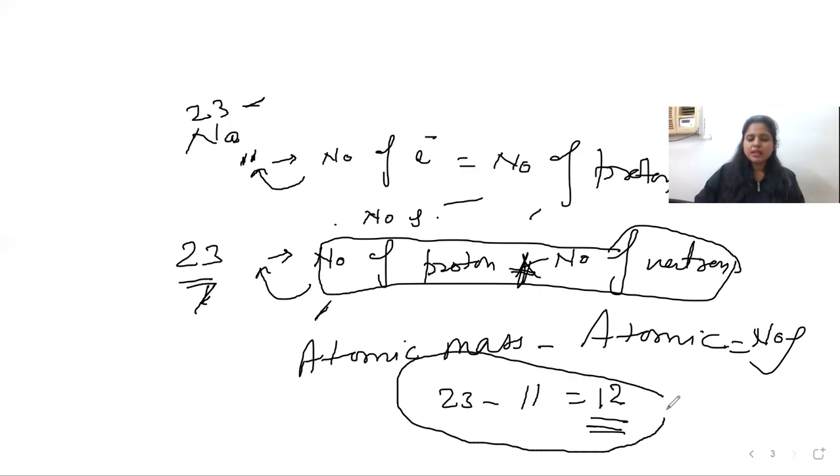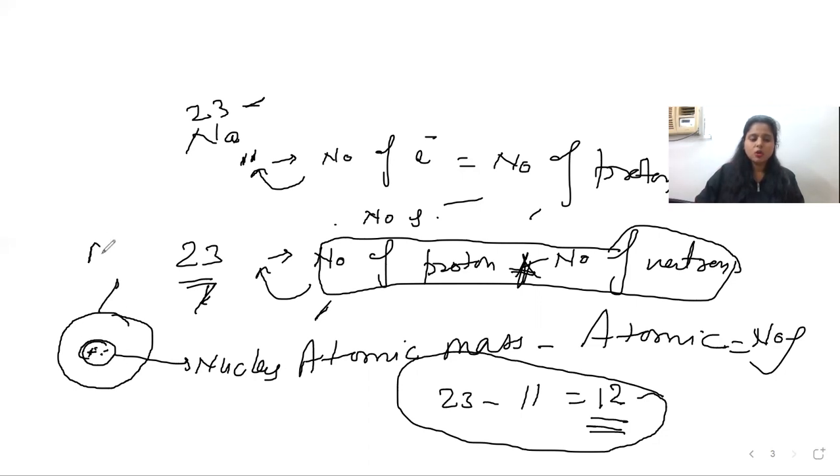So we can say that the mass of an atom is always concentrated in the center. This center is called the nucleus, and the particles living in it are called nucleons. Protons and neutrons live in the nucleus, so these are called nucleons, and the sum of these two particles gives the mass of the whole atom.